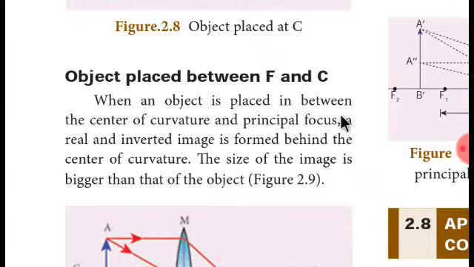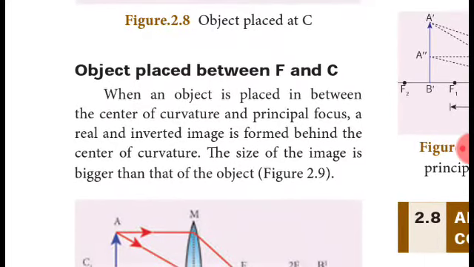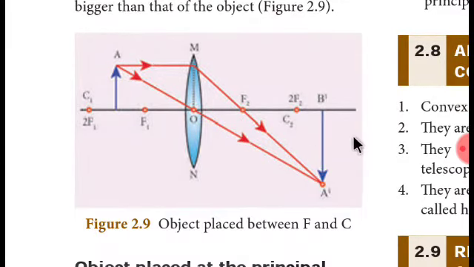Then, when an object is placed in between the center of curvature and principal focus, a real and inverted image is formed behind the center of curvature. Vice versa. You just need to compare. When we keep the object behind C, that's the second case, the image is formed between focus and the center of curvature, somewhere here.